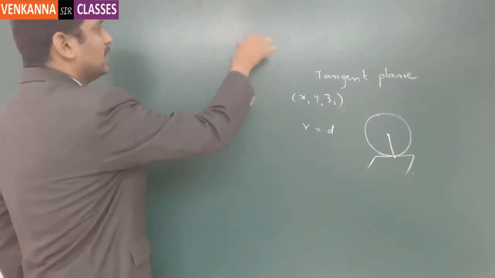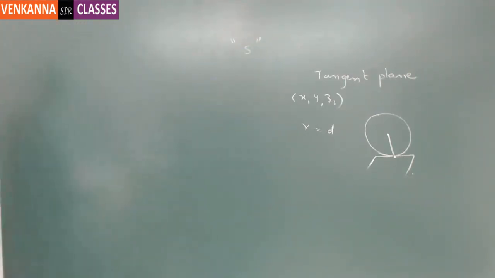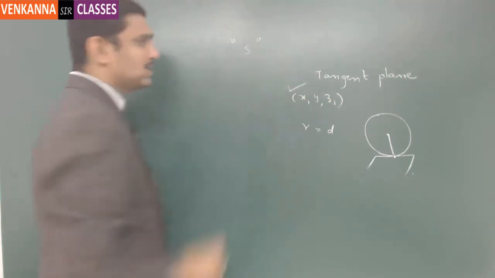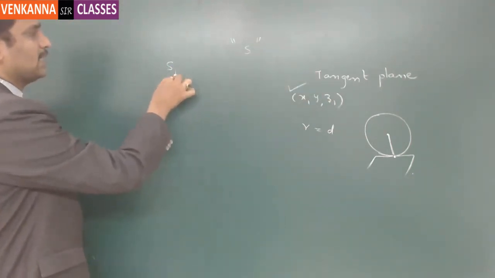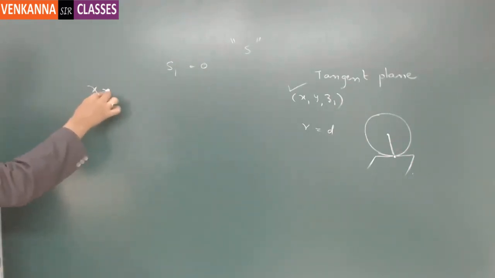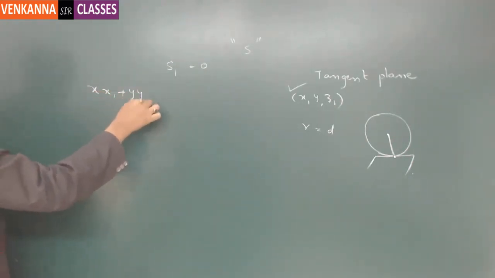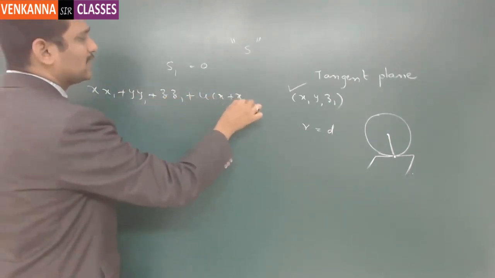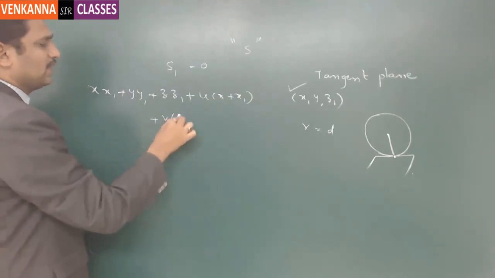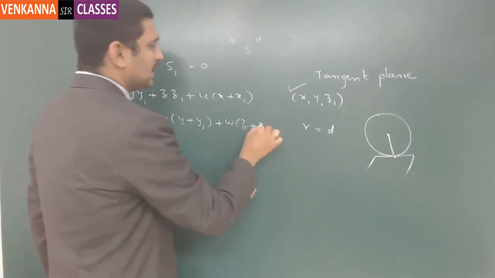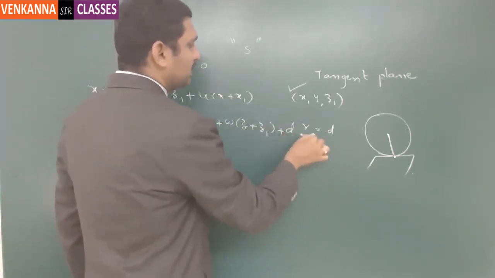If the given sphere is S, then the equation of the tangent plane at a particular point is S1 equal to 0. The notation is xx1 plus yy1 plus zz1 plus u into x plus x1 plus v into y plus y1 plus w into z plus z1 plus d equal to 0.